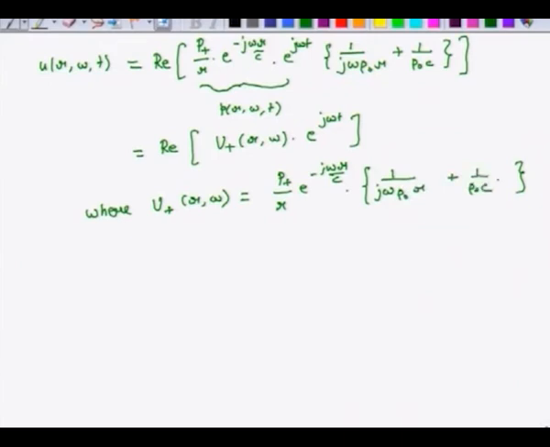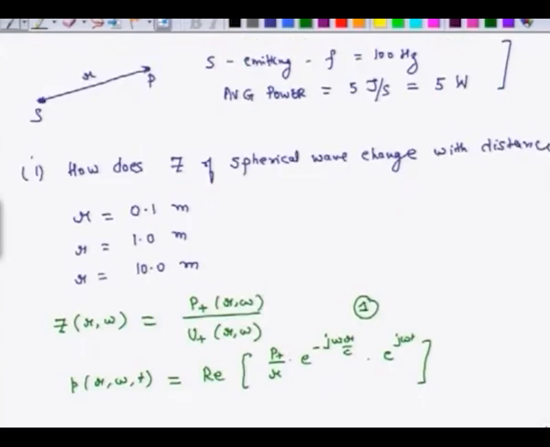Now, we will go back and slightly modify the equation for pressure also. The equation for pressure can also be written as the real part of P plus, which is a function of r and omega, times e to the j omega t, where P plus of r and omega equals the complex pressure amplitude divided by r times e to the minus j omega r over c.